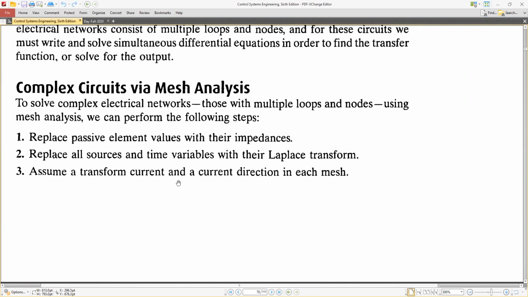Do you know what the mesh is? I think you have already studied mesh analysis before, right?